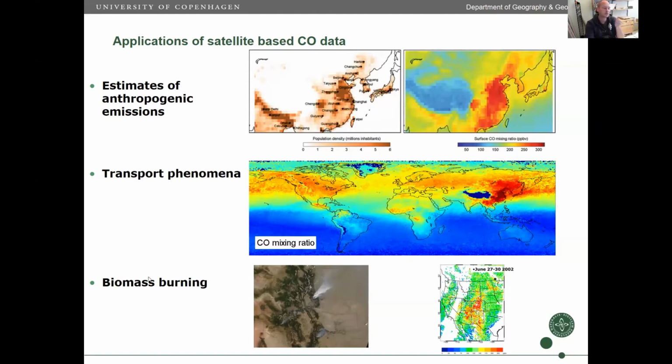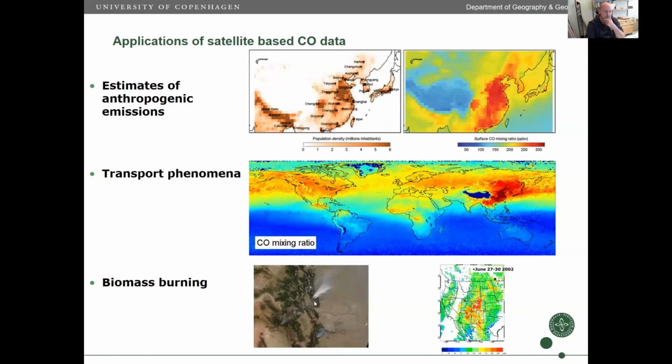Carbon monoxide is also a very important component when burning biomass. So what one can do with this product is to locate where we have a forest fire occurring at this moment, for example. This is an example of a forest fire in Colorado in 2002.